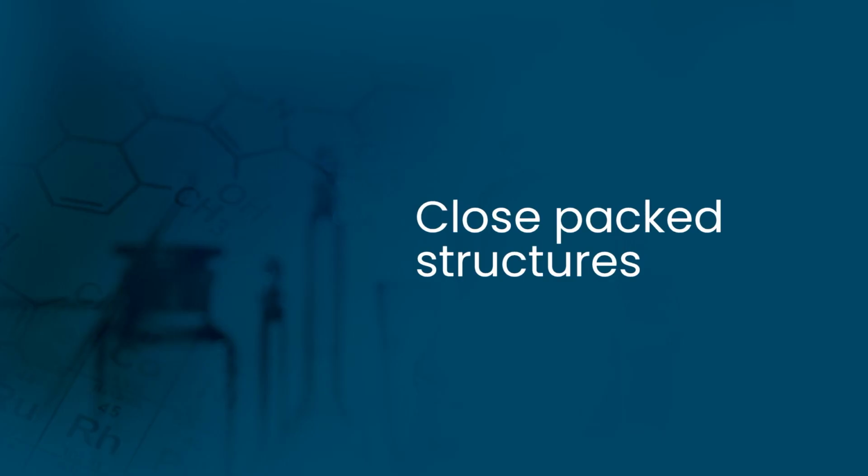Now, let us move to the close packed structures. In solids, the constituent particles are close packed, leaving the minimum vacant space. Let us consider the constituent particles as identical hard spheres and build up the three-dimensional structure in three steps. First, close packing in one dimension.